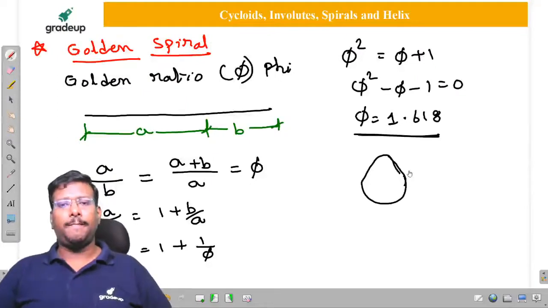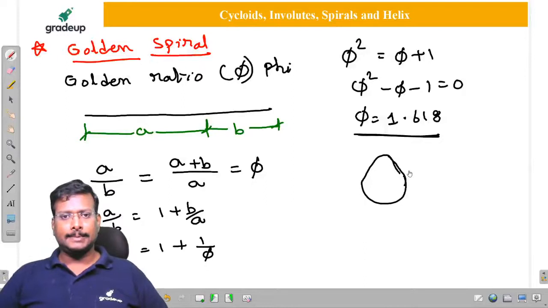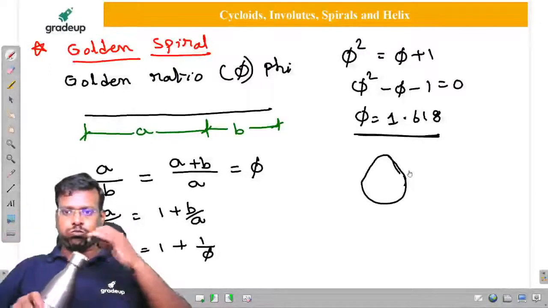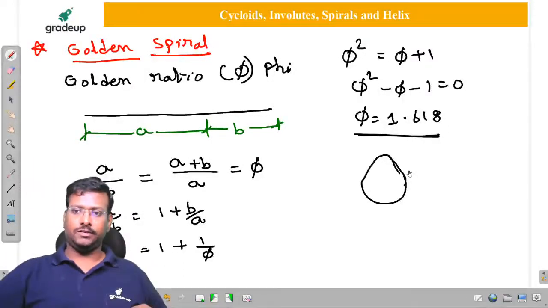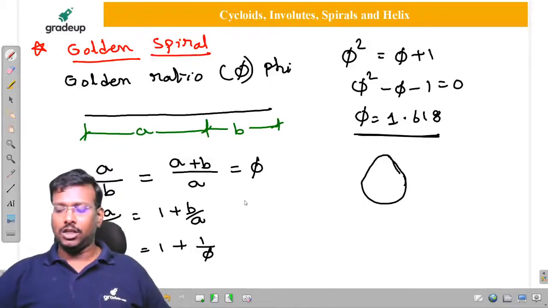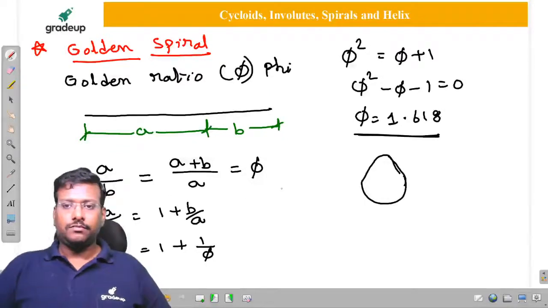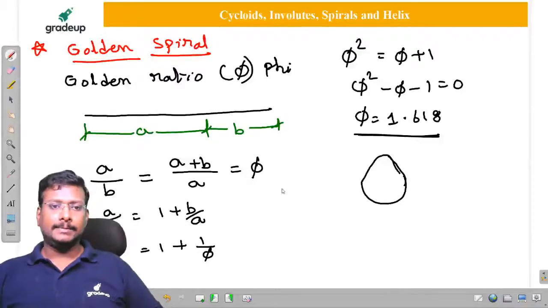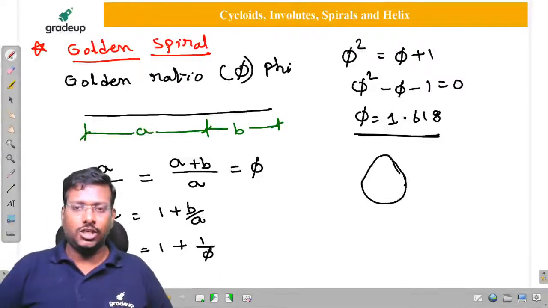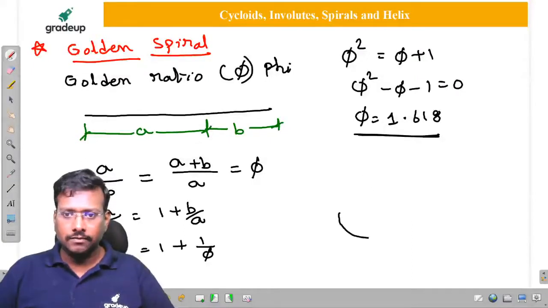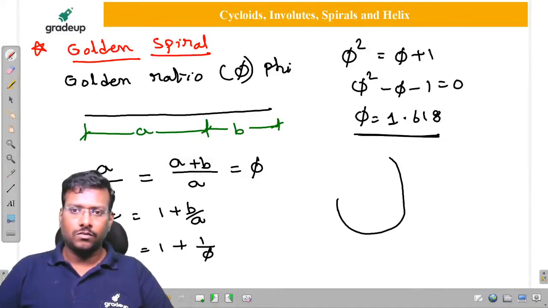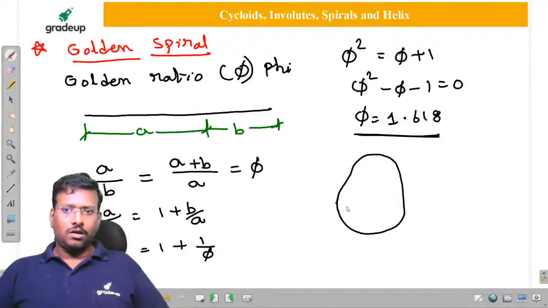What it is? What is this shape? Maybe you are not clear with this.